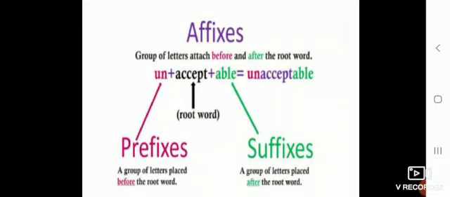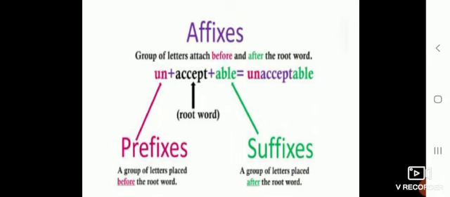So by adding prefix and suffix to the root word, we get three new words. First one was unaccept. Second, when we add the suffix, it becomes acceptable. And when we add both un and able to accept, it becomes unacceptable.